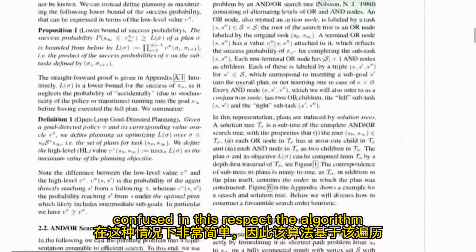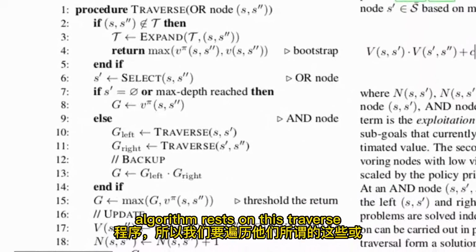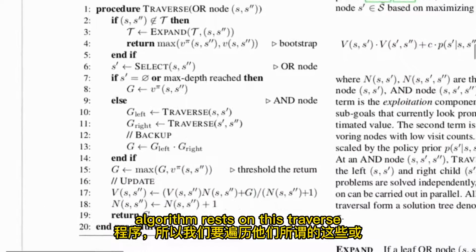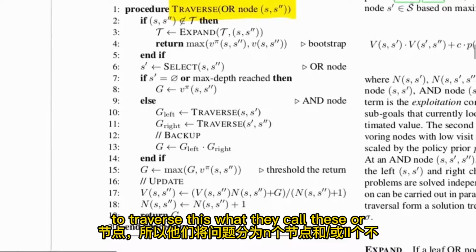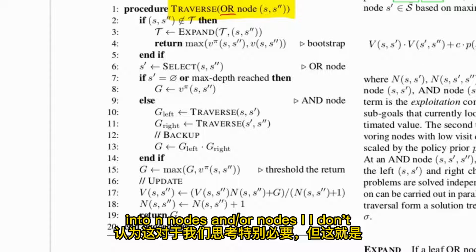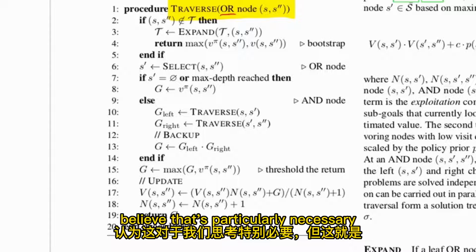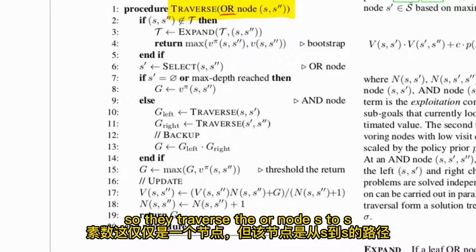The algorithm is pretty simple in this case. So this algorithm rests on this traverse procedure. So we're going to traverse this, what they call these OR nodes. So they divide the problem into AND nodes and OR nodes. I don't believe that's particularly necessary for us to think about, but here's how this works. So they traverse the OR node S to S prime.